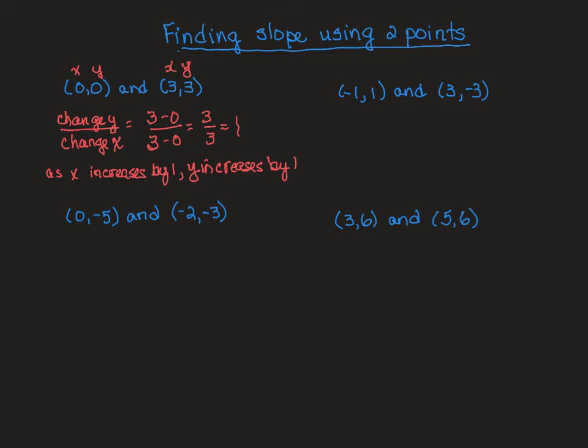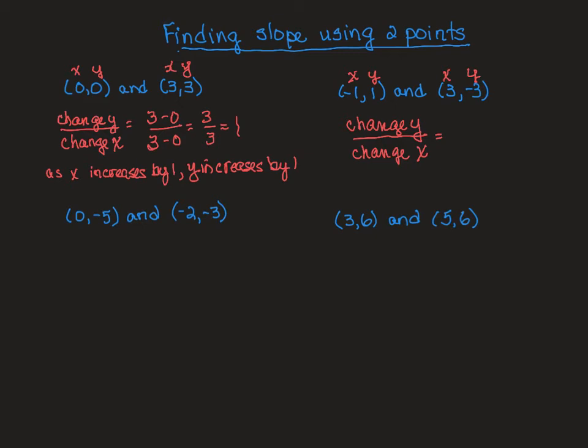Okay, so I'm going to go to the next one, and remember this is the change in y over the change in x, okay? And remember, this is the x, this is the y, this is the x, this is the y, the x comes first.